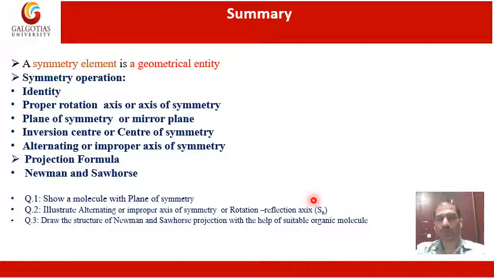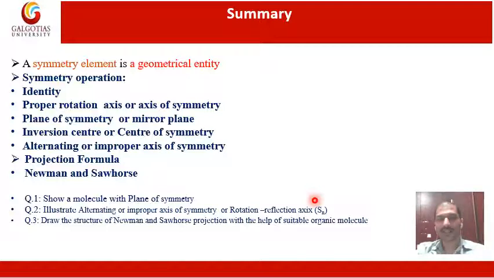So n is the number of rotations; if it is 6, it is 360 by 6, which comes to 60 degrees of rotation, as in the case of benzene. If you take the example of BF3, it will be C3, because a 120-degree rotation will be required.